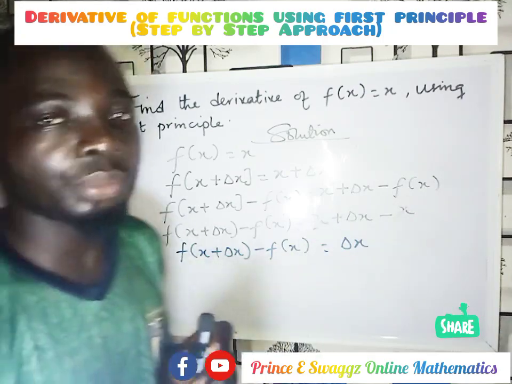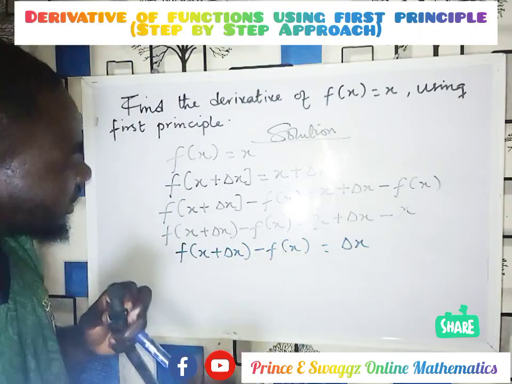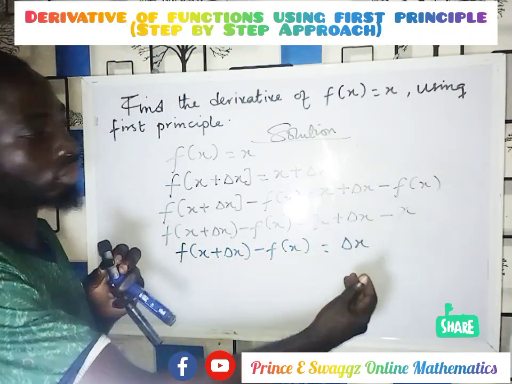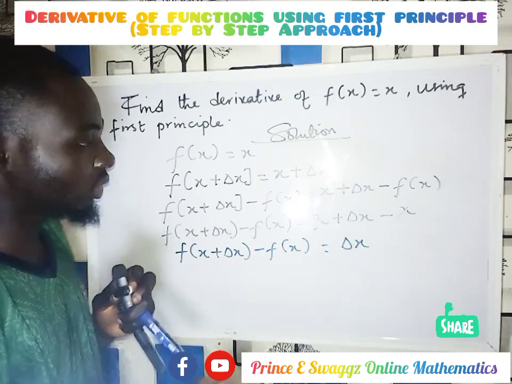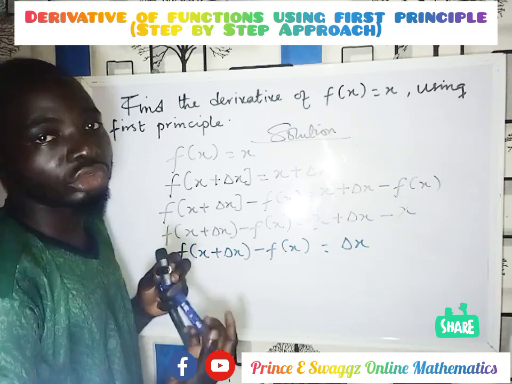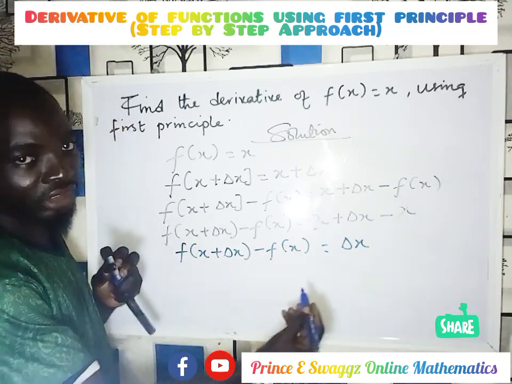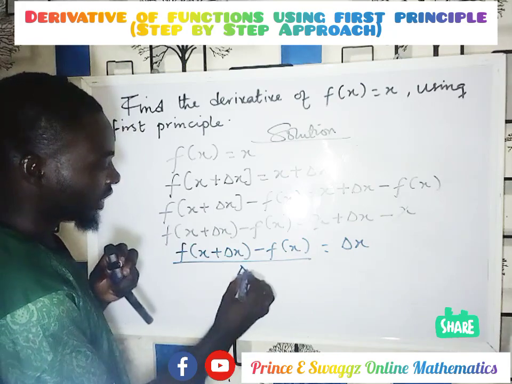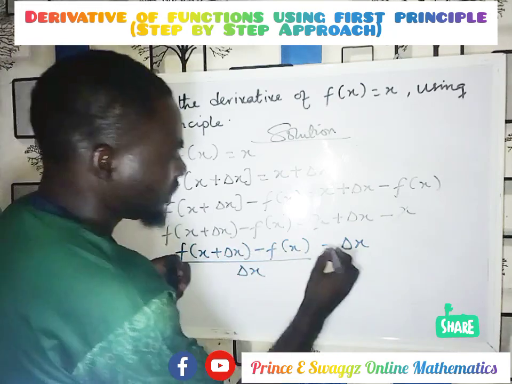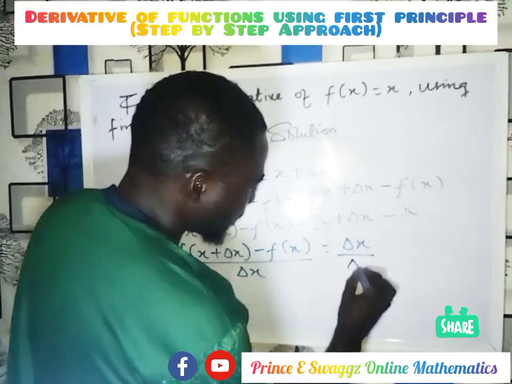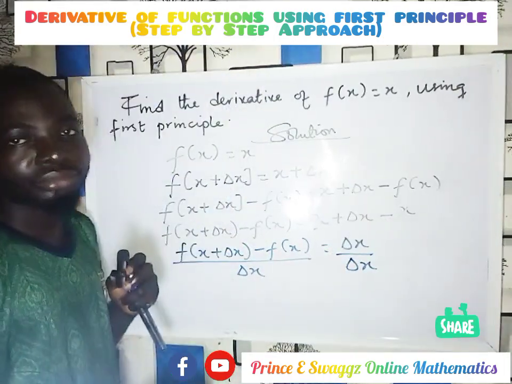So what is the next step again? Once you have subtracted f of x from both sides and replaced the value of f of x in the right hand side, the next thing to do is divide the entire expression, both the right hand side and the left hand side, by delta x.